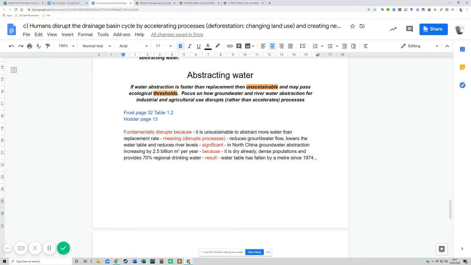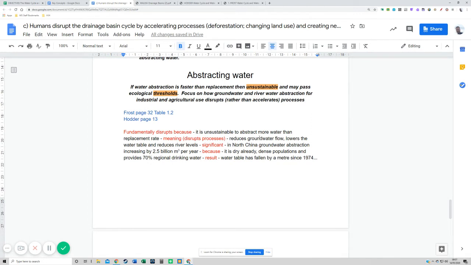This is a particular problem if you've got fossilized water, which is not being replaced at all, and it's non-renewable. If you go back to your notes from before, there are non-renewable fossilized stores. Once it's gone, it's gone, and these places can become polluted and you can start to run out, and then we need to find another option.